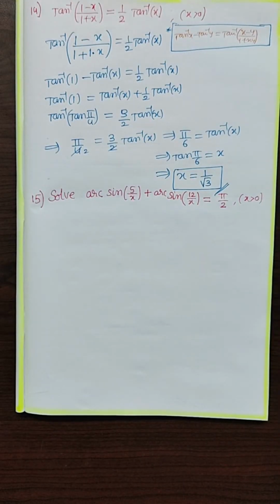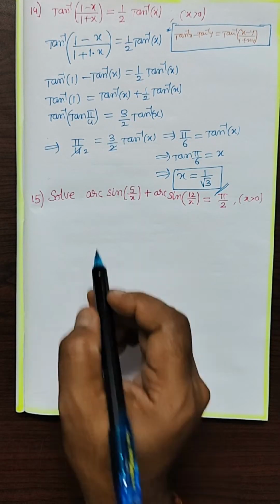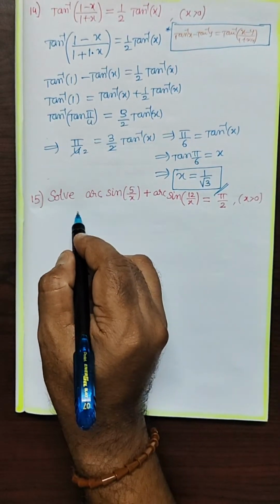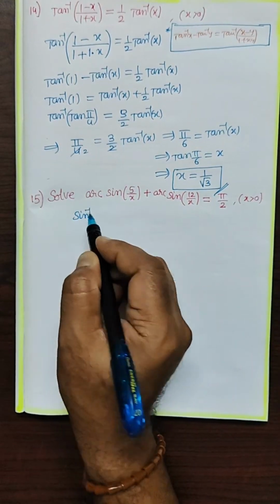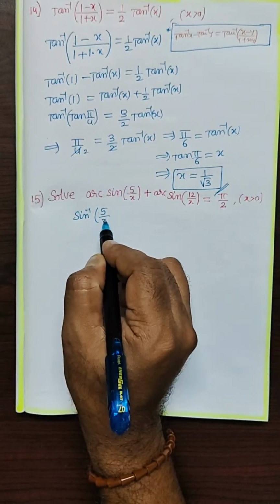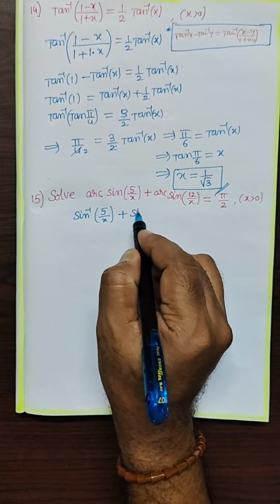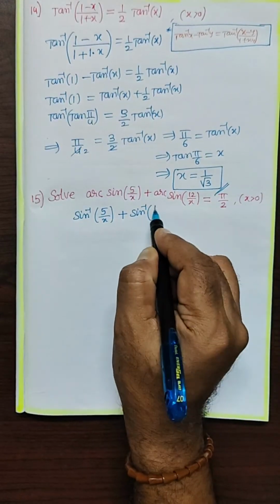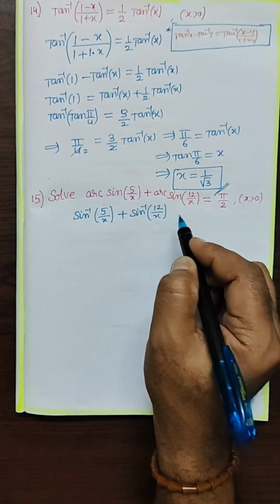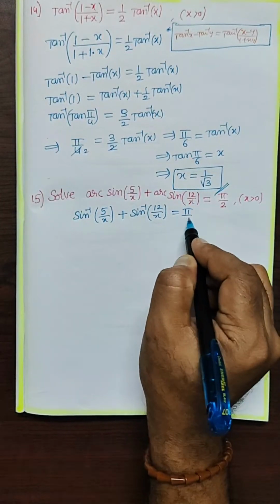So in what way can we find the solution? Arc sine means sine inverse of 5 by x plus sine inverse of 12 by x is equal to pi by 2.